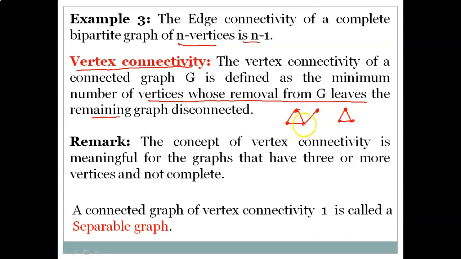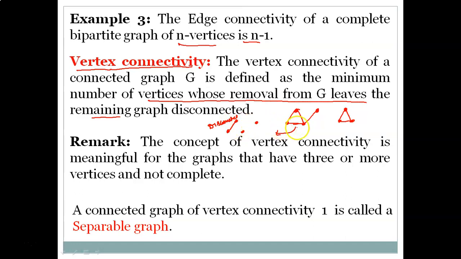Now if I remove this vertex, then what will happen? If I remove this vertex here, then it will be like this, because when you remove this vertex, this edge will go and this edge will also go. So we will be left with only this vertex, and in that case it becomes a disconnected graph.